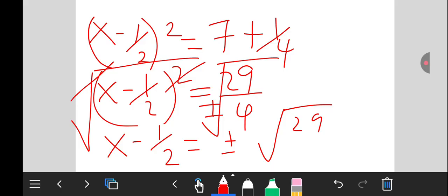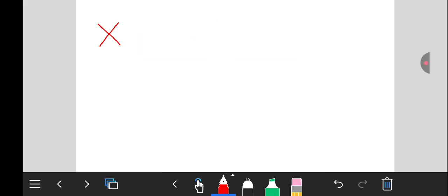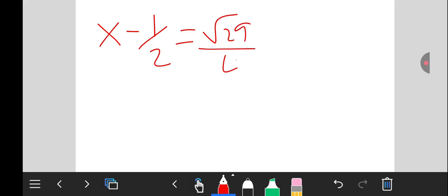But we can simply find the root of 4, which is just 2. So we can say root of 29 over root of 4, and the square root of 4 is simply 2. So what we have is x minus 1 over 2 is equal to the square root of 29 over 4.